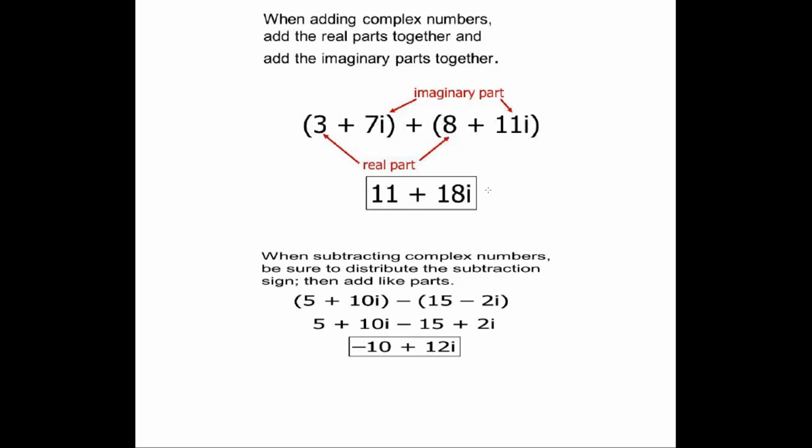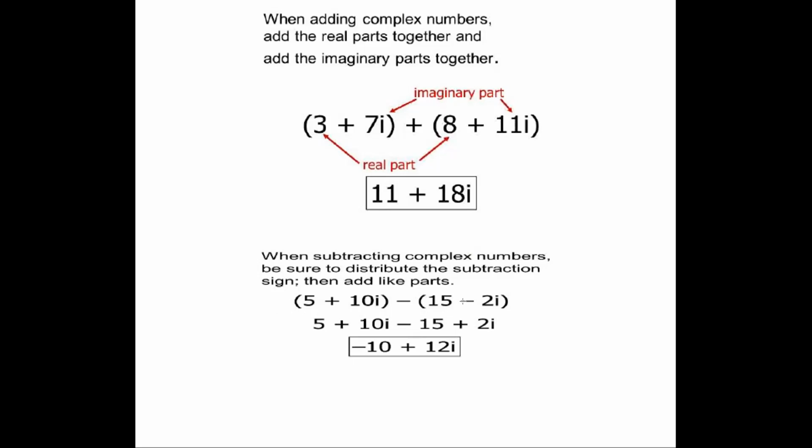Similarly, we can also subtract two complex numbers. How? I have displayed it here. We have taken two complex numbers. One is 5 plus 10i, and another one is 15 minus 2i. So again, we will do the operation according to the real parts and imaginary parts only. The first real part here is 5, and the second complex number's real part is 15.